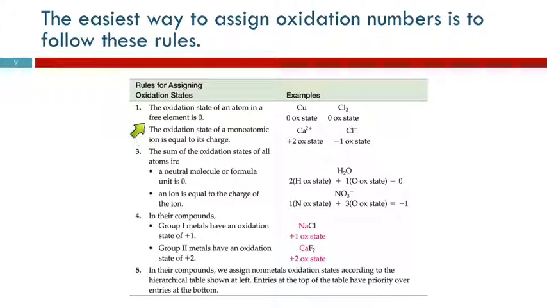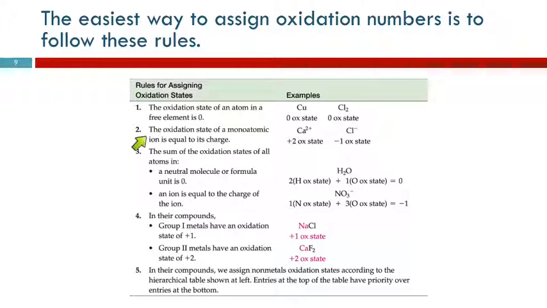The oxidation state of an atom in a free element is 0. So anytime you have an element, not an ion, not in a compound, just a single element, the oxidation state is 0. If you have a monatomic ion, like calcium 2+ or chloride 1-, the oxidation state is the same number as the ionic charge.